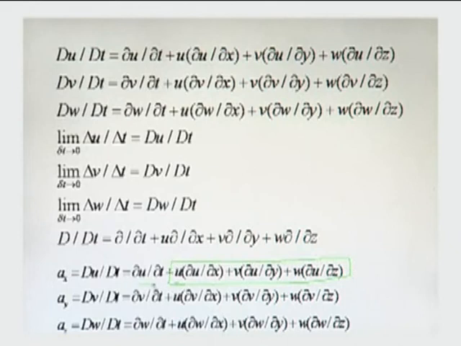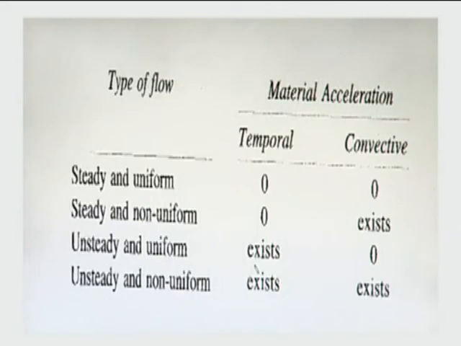So the flow may be steady, but it may not be uniform. If the flow is non-uniform, then convective acceleration will exist and temporal will be 0.